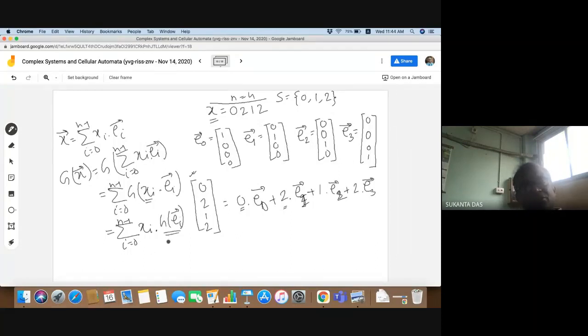So here what I get is the sum from i equal to 0 to n minus 1 of xi into vi, vector vi. So vi is a vector, so I can expand vi also.